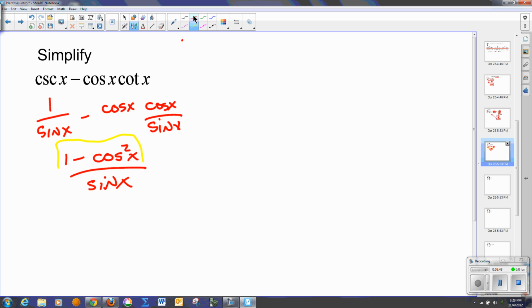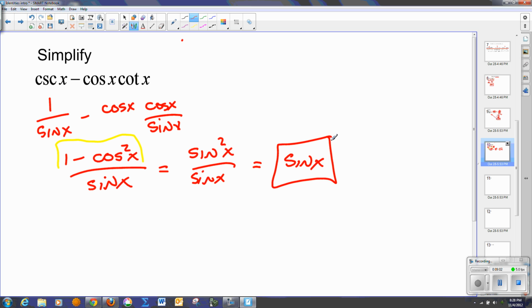That's actually a Pythagorean identity. 1 minus cosine squared is sine squared, and sine squared over sine is just equal to the sine of x. So that's my simplified version of the initial fraction. Let's move to the next example.